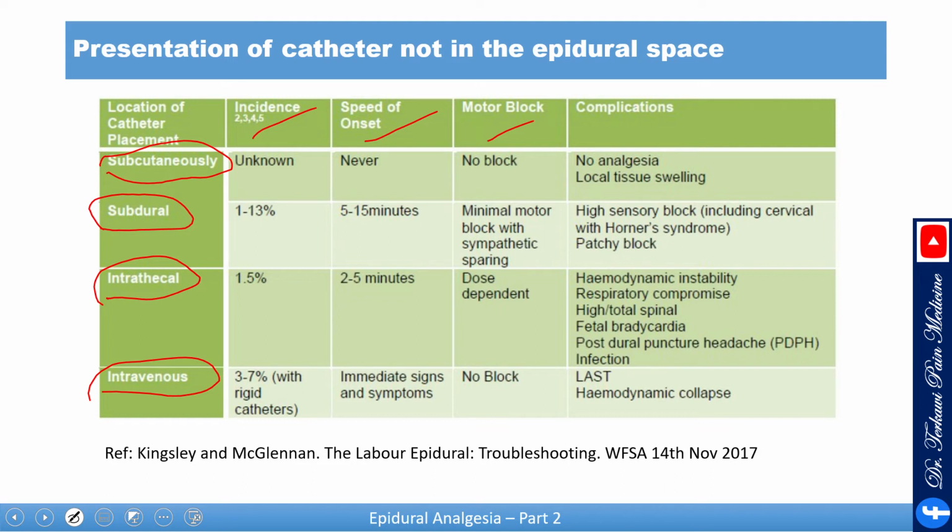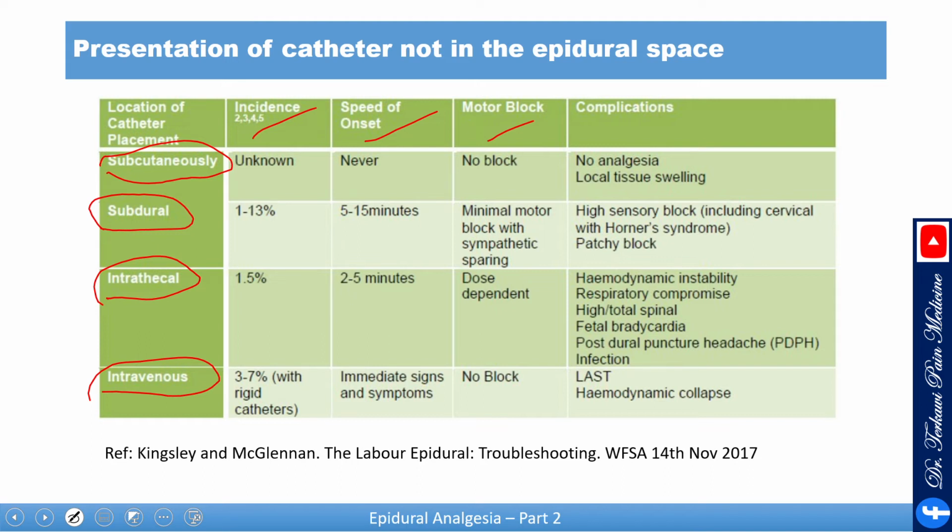Obviously, you will have motor blockade only if you are subdural or intrathecal. However, you have an impressive motor blockade if you are intrathecal, depending on the dose, while you have minimal motor blockade with sympathetic sparing if you are subdural.